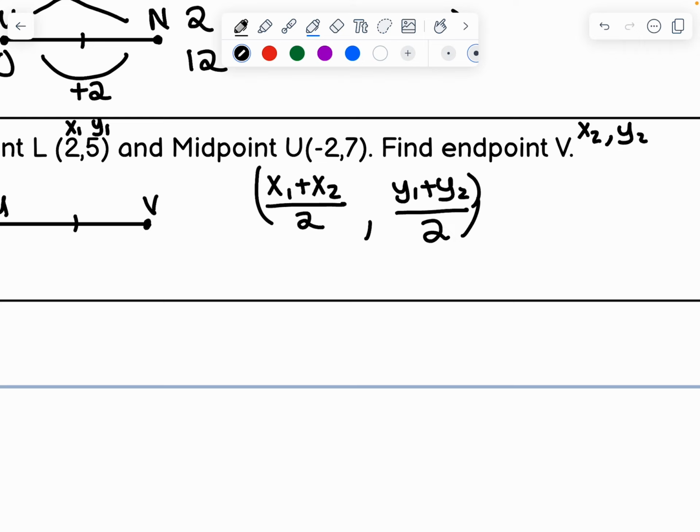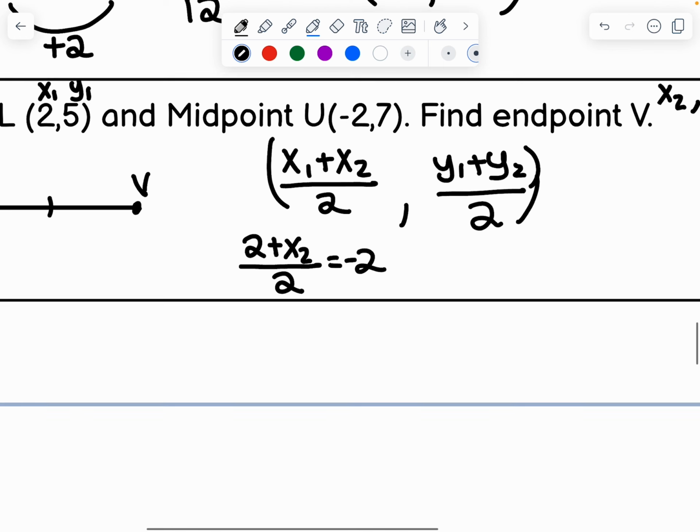But we don't know what our x2, y2 is, so we can plug into our formula. We know that the midpoint's x-coordinate is -2. So we have to ask ourselves, 2 plus x2 divided by 2 equals -2.